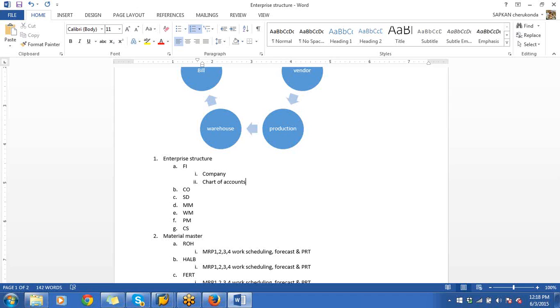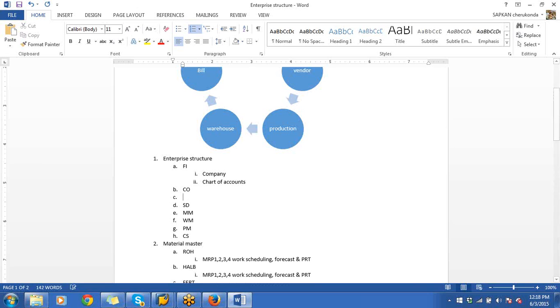So this is what is called, in finance terminology, controlling. First of all, what is the difference between finance and controlling? This is a question I want to ask you. I know you may not know, but I'll ask anyway. Aloka, do you know the difference between finance and controlling?